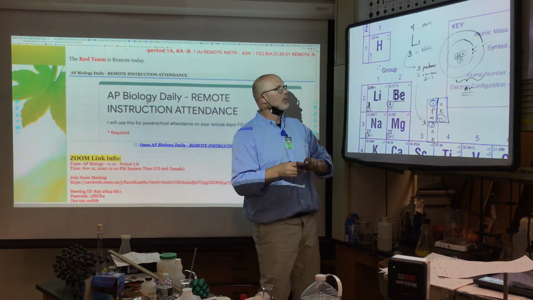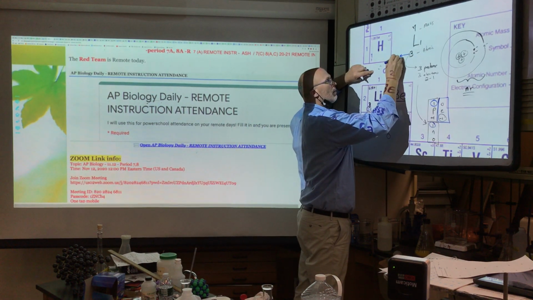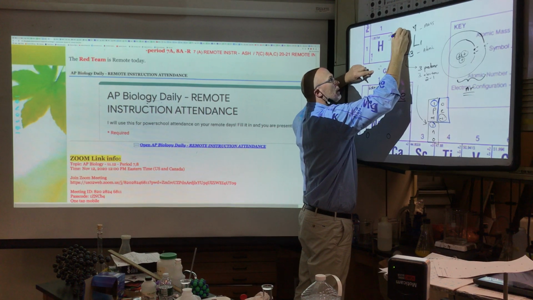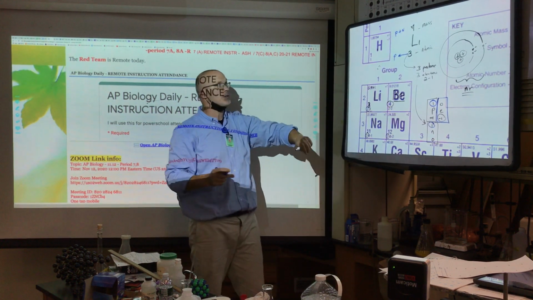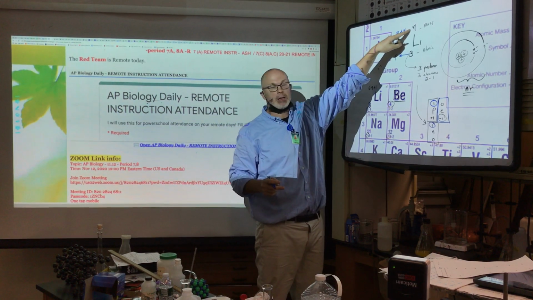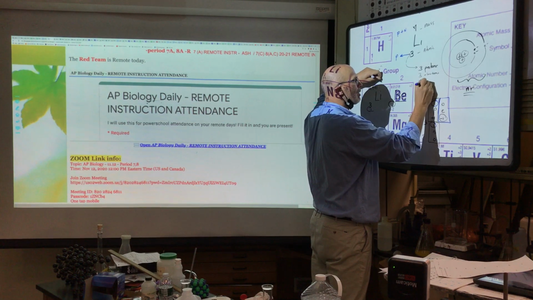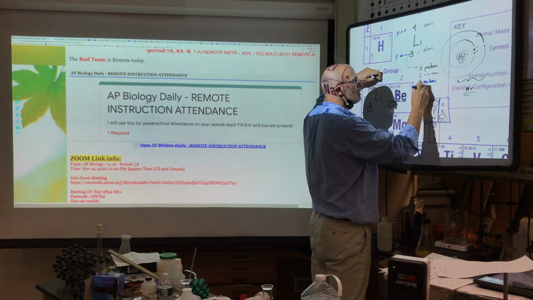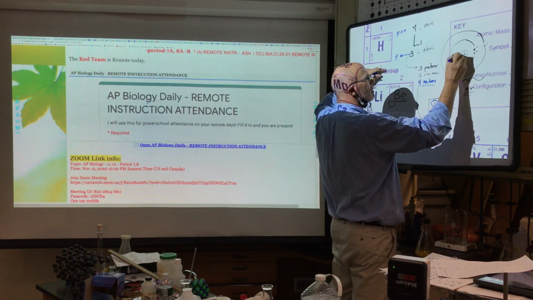So if this is the proton number, and this is the proton and neutron number, because the entire mass of the atom is the protons and neutrons, to get neutrons I subtract 7 minus 3. That gives me 4 neutrons. Neutrons exist in the nucleus, so there are going to be 4 of these here.